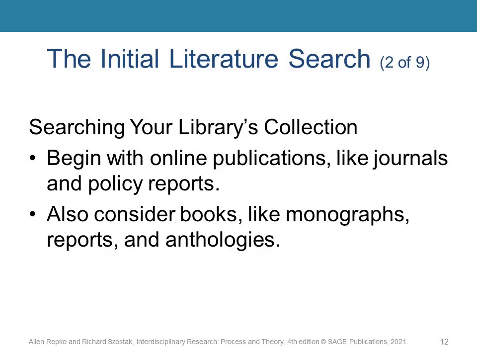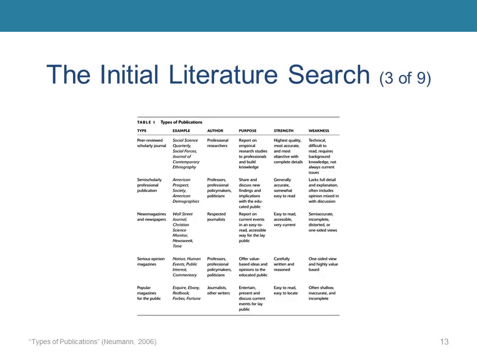So long as the author's credentials are strong, these articles can provide an overview that is not as biased toward one discipline. Here is chart 5.1 from Newman's textbook, Social Research Methods, published in 2006.